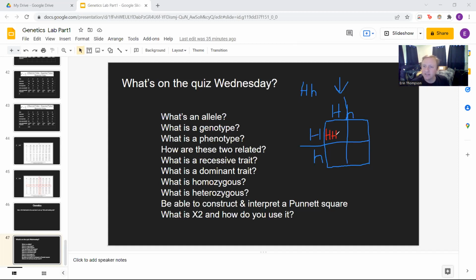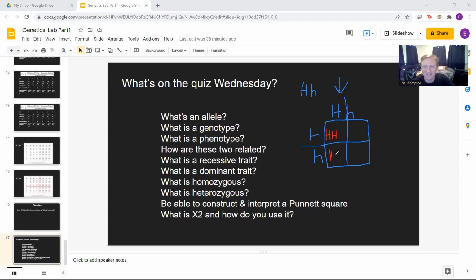Exactly. This is homozygous dominant. Now, what goes in this box here? That's right. We're going to grab the big H from the top and bring it down. We're going to grab the little h from the side and bring it over. So this is big H, little h.